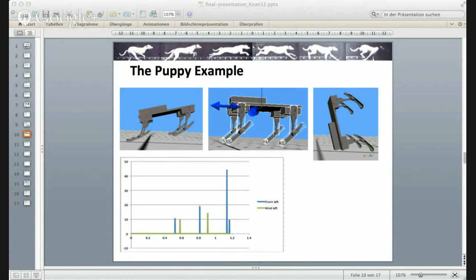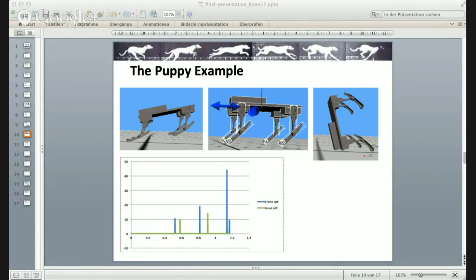We predefined those and predefined a number of gaits, which the puppy should really have learned itself, but that might be in a later stage of the project.